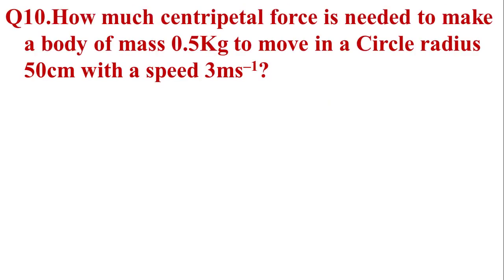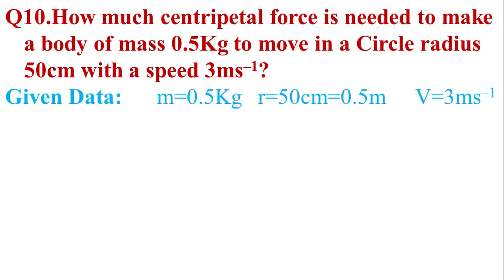Now, the last numerical. How much centripetal force is required to make a body of 0.5 kg move in a circle of radius 50 centimeter with the speed of 3 meter per second? Here we write the given data.